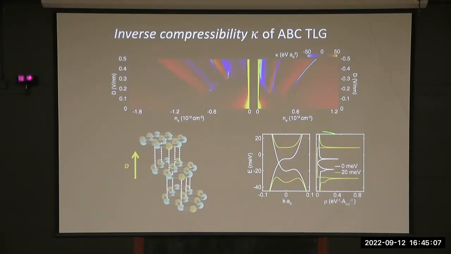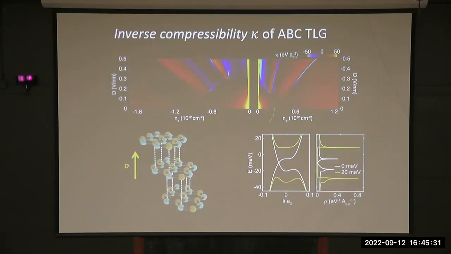So what we're seeing here is, as a function of the density, as you lower the density, here for electron doping and for hole doping, the system goes through a series of first order phase transitions between phases that are apparently distinct. And what I'm going to show you is that all of these phases are essentially different types of ferromagnets corresponding to ordering of the spins or the valleys in this system, right?